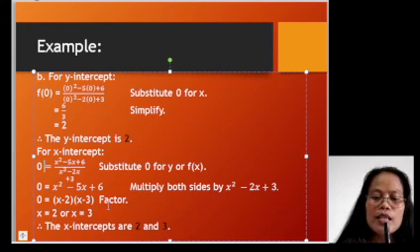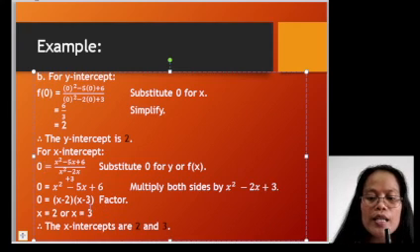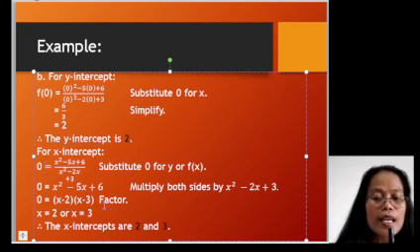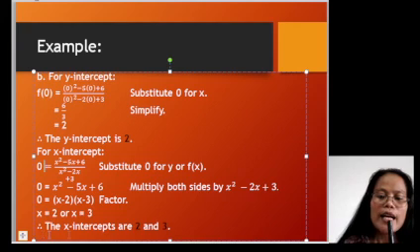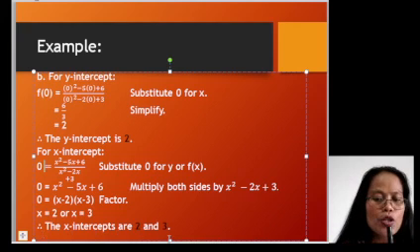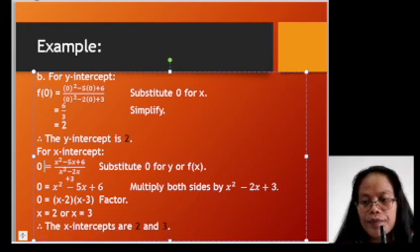And x minus 3 is equal to 0, so we need to add also 3 to both sides. So x minus 3 plus 3 is equal to 0 plus 3. So we have x equals 3. Now we have two x-intercepts here in example 2. The x-intercepts are 2 and 3.